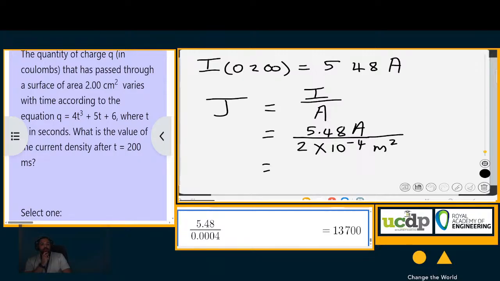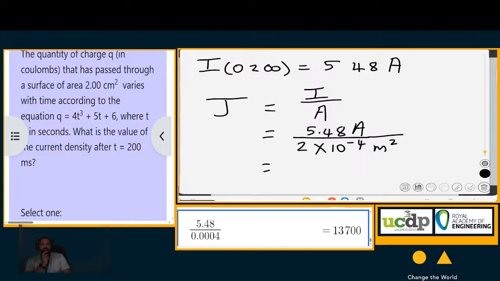Is this correct? I need to check something here because this is giving me a different answer than what I have. 5.48 divided by 0.0004.